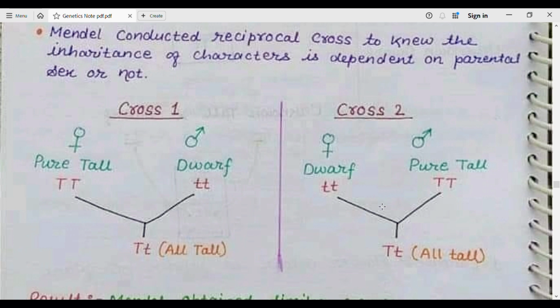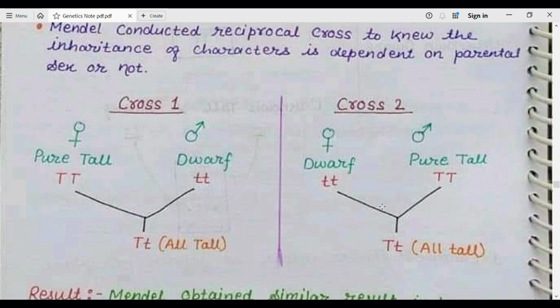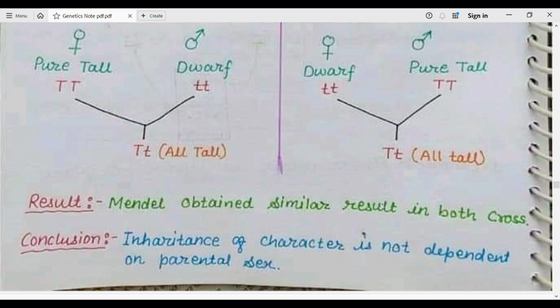This is known as a reciprocal cross; when you reverse the sex, the cross is known as a reciprocal cross. Result: Mendel obtained similar results in both crosses.